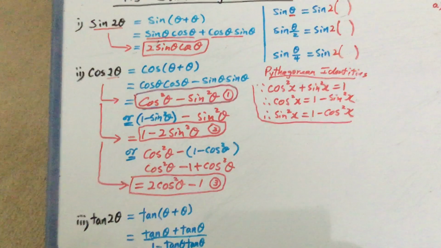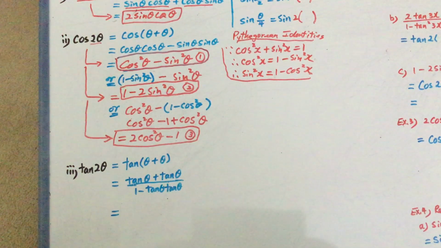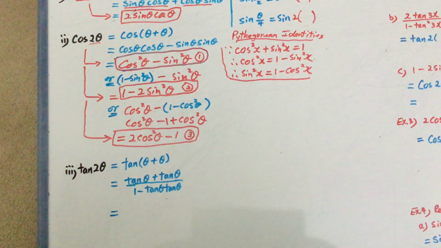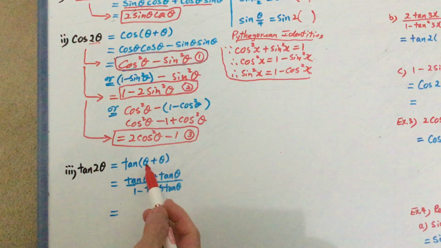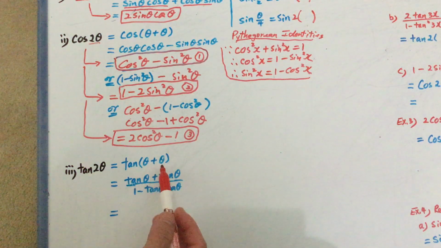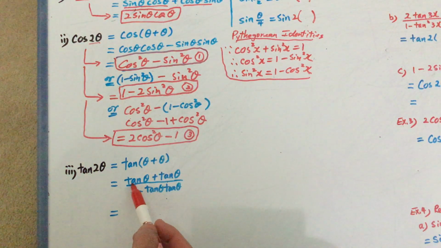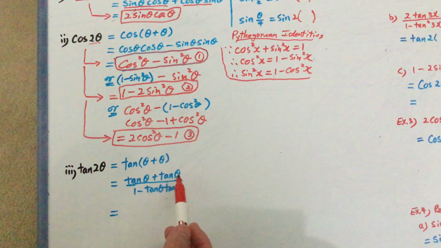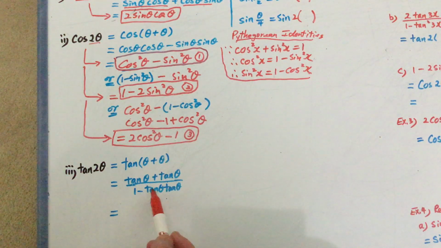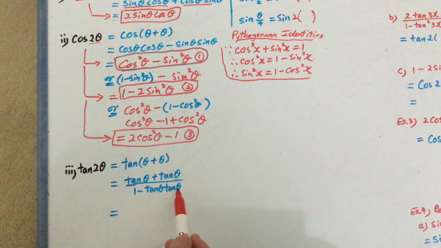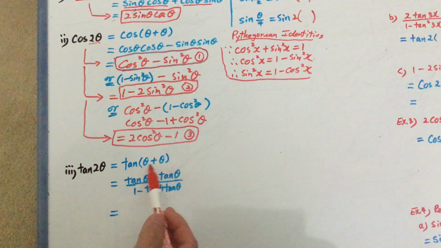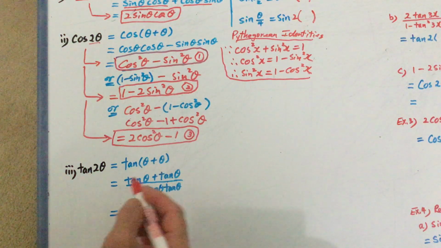And finally, the double angle for tangent. Again, when I break the double angle into theta plus theta, I can use the compound angle formula for tangent: tangent A plus tangent B, divided by 1 minus tangent A times tangent B. Because A and B are the same, you end up with like terms.